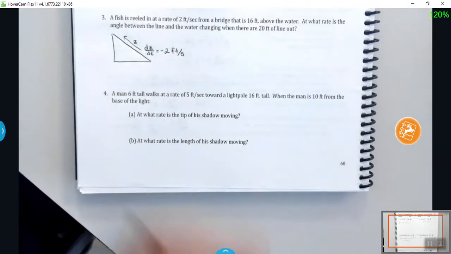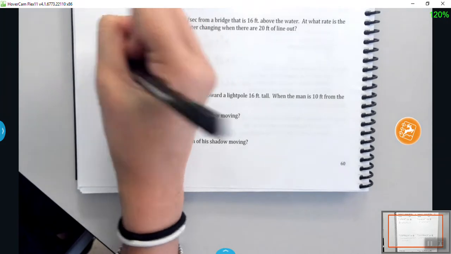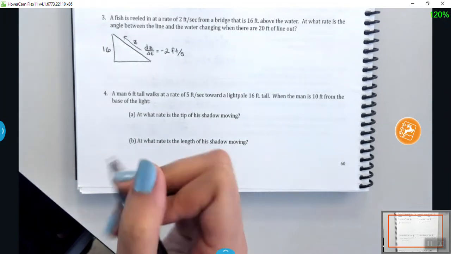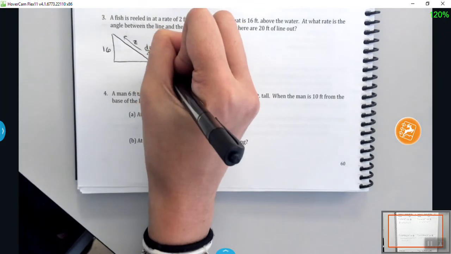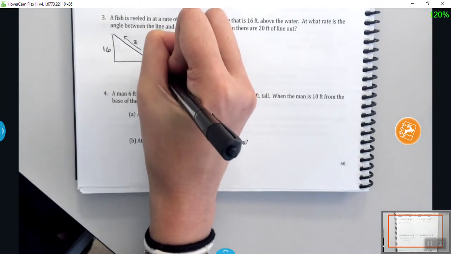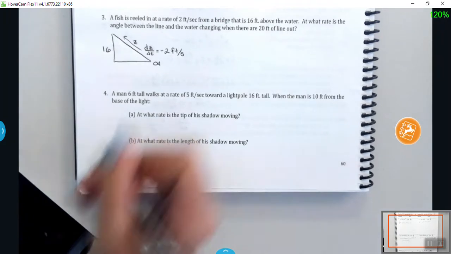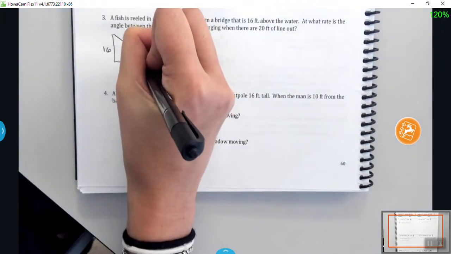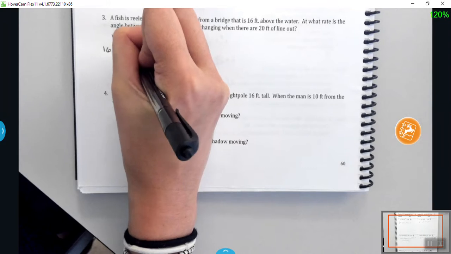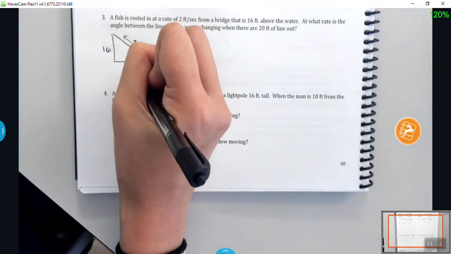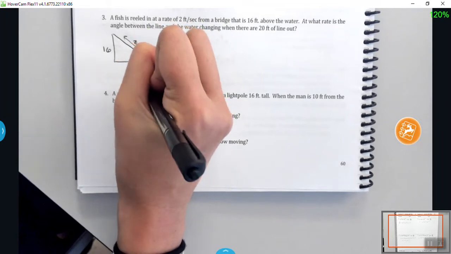From a bridge that's 16 feet above the water, so this is 16, that stays still. At what rate is the angle between the line and the water changing? That's this angle right here, theta. We want d theta/dt.